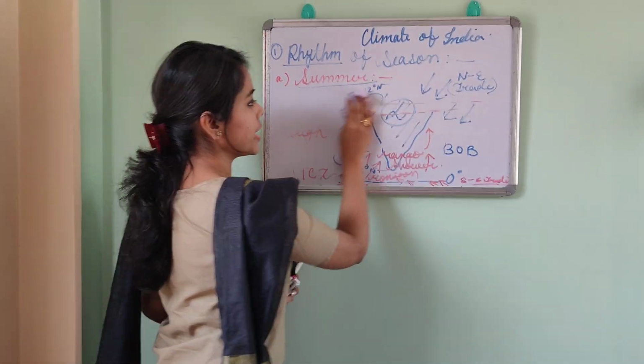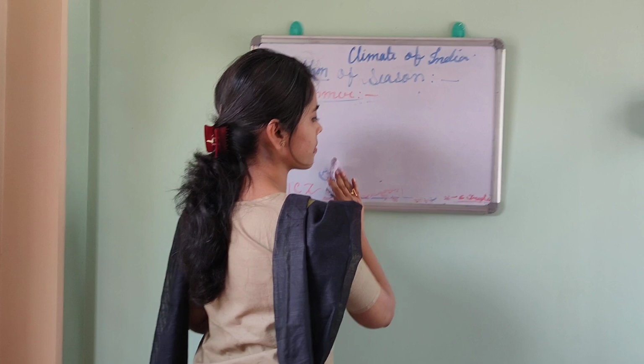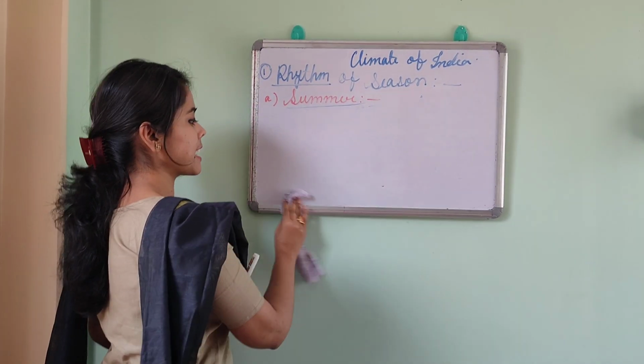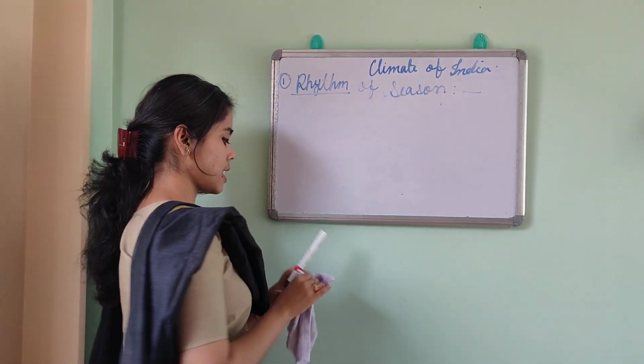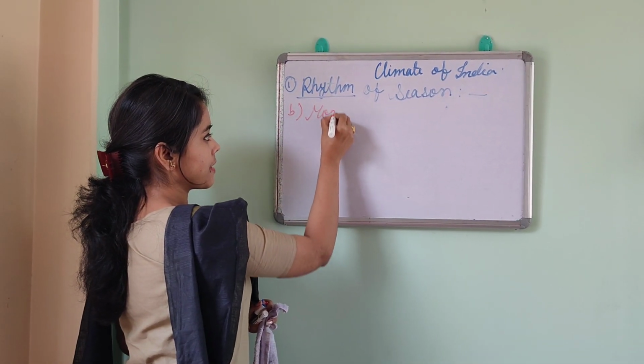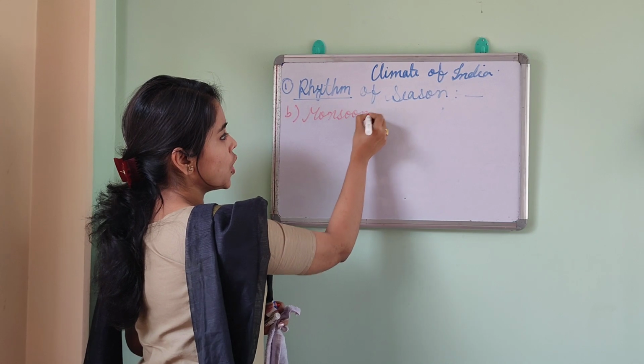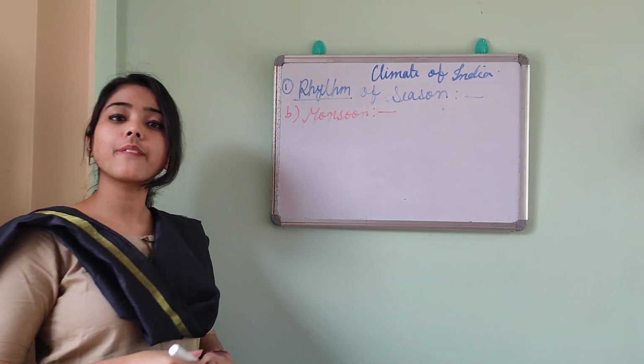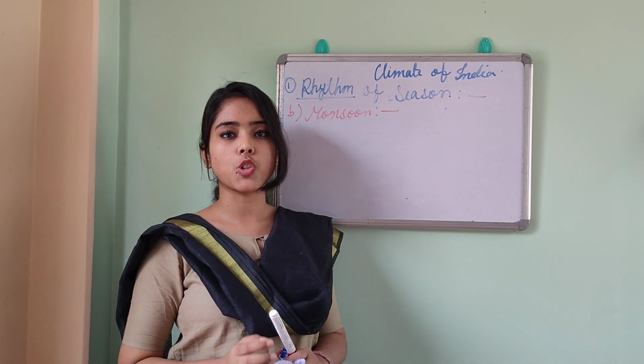Now we will discuss the next season, that is the most important, the monsoon season or rainy season. In our previous class we discussed that there are two types of monsoon wind.